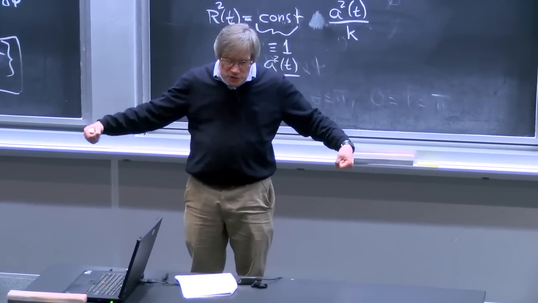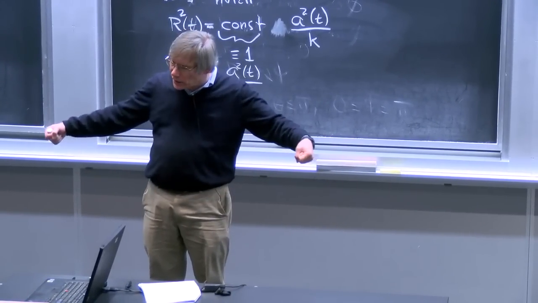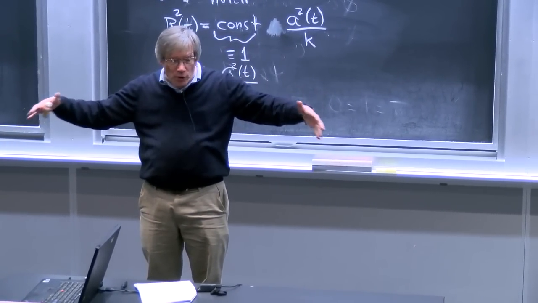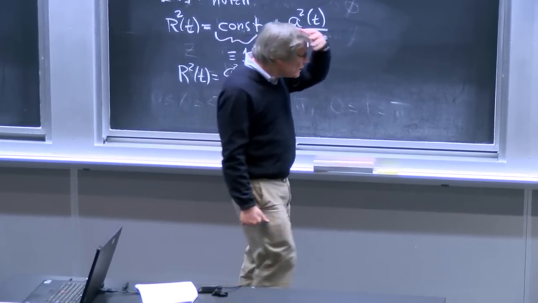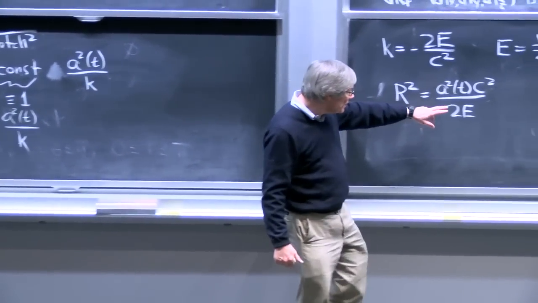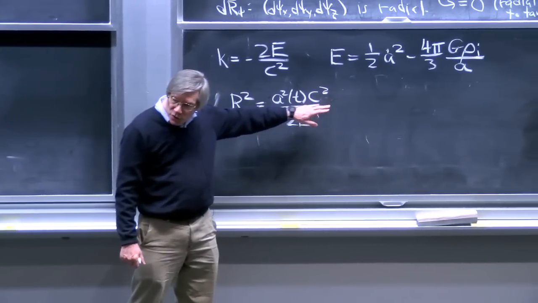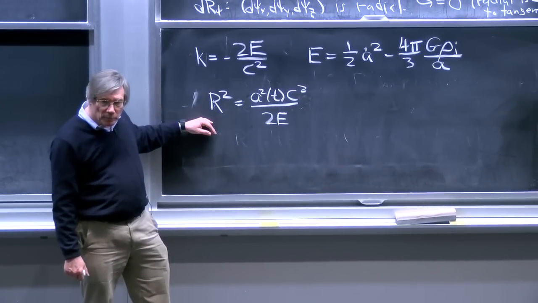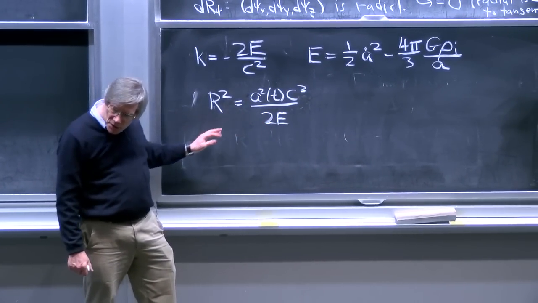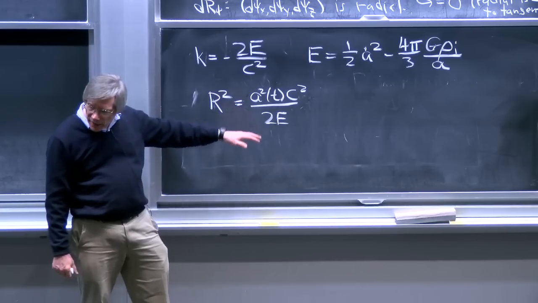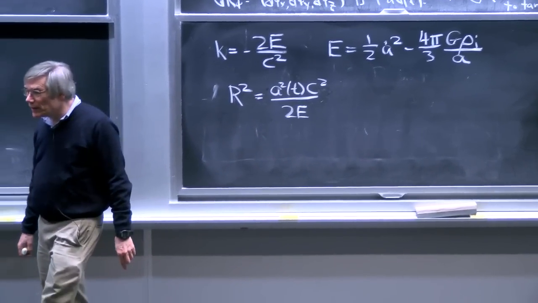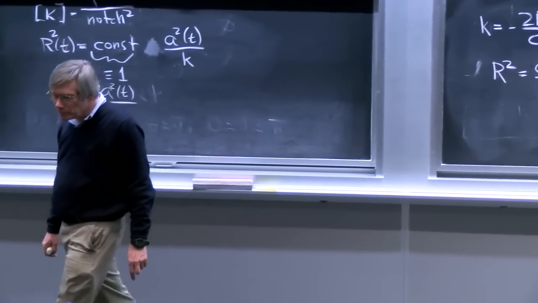R is the radius of curvature of the space. As r goes to infinity, our curved space looks more and more flat. So if you could imagine varying the speed of light, as you made the speed of light larger and larger, the space would become flatter and flatter. So this curvature of the space really is a relativistic effect, which is related to the fact that the speed of light is finite and not infinite.